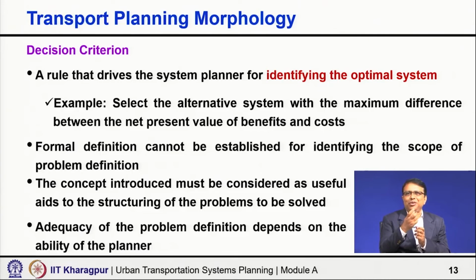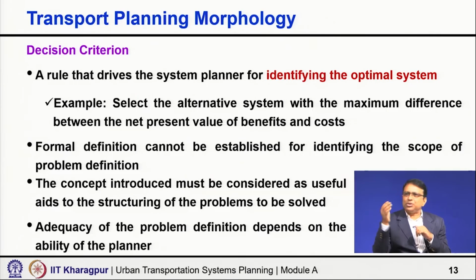In general, of course, we will discuss this in detail if possible, but the net present value. So, you decide the net present value, or you can say what will be my benefit and what will be my cost, and I will select the one where the benefit-cost ratio is maximum.